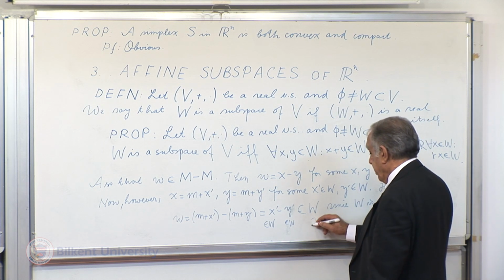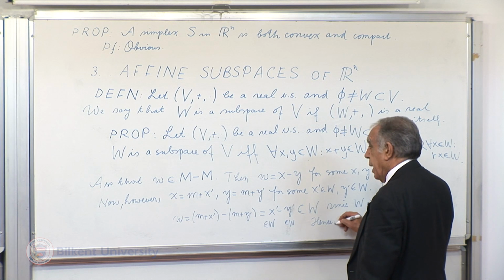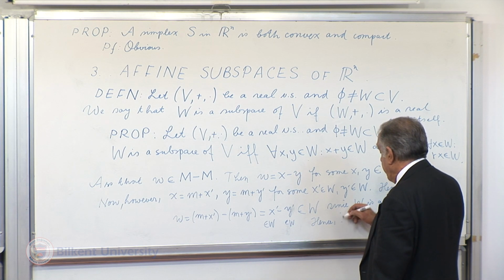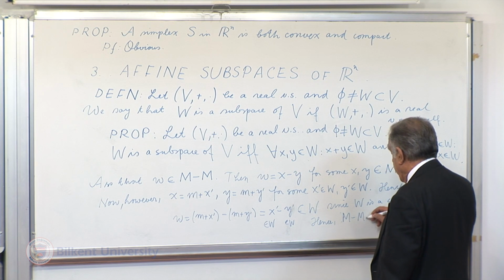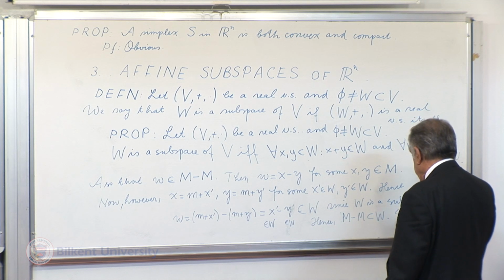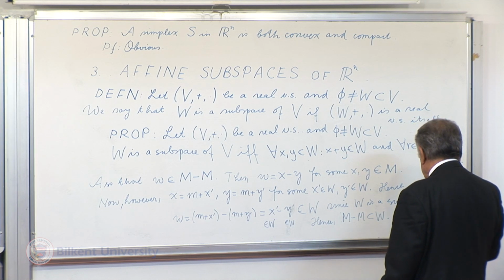Hence, we also have that M minus M is contained in W, so W is equal to M minus M.